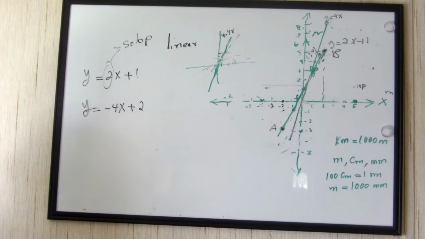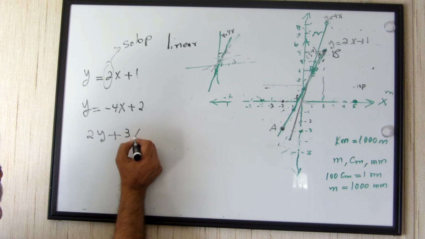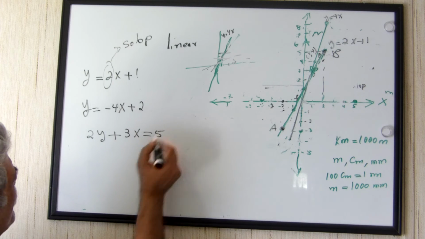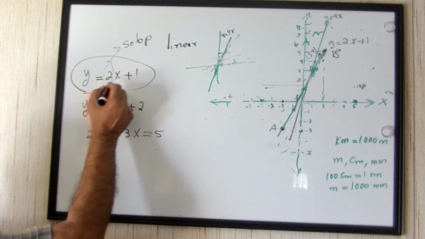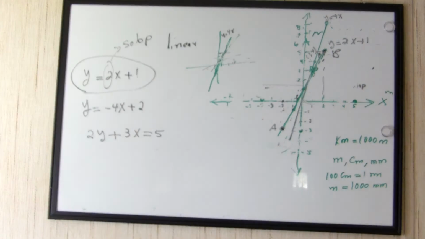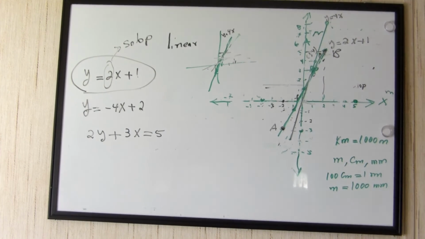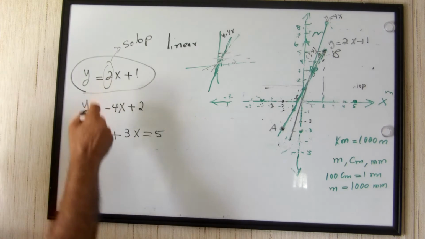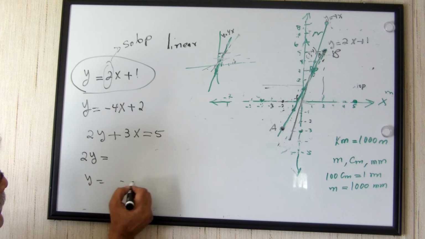Sometimes they give you the form 2y plus 3x is equal to 5, for example. You have to change it so that the coefficient of x is the slope. We find only y on one side, so it's just something times x plus something.